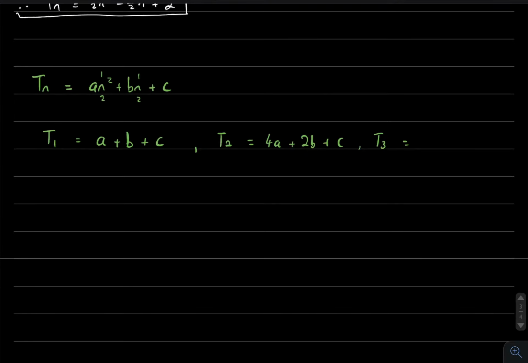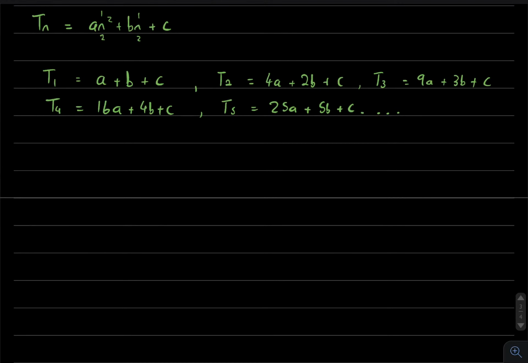That gives us a times 3 squared, which is 9a, plus 3 times b, which is 3b, then plus c. If we continue this, we get t4 equals 16a plus 4b plus c. We get t5 equals 25a plus 5b plus c, and the pattern continues.